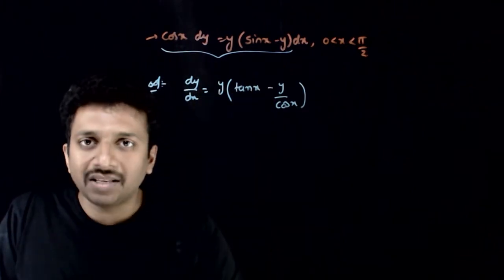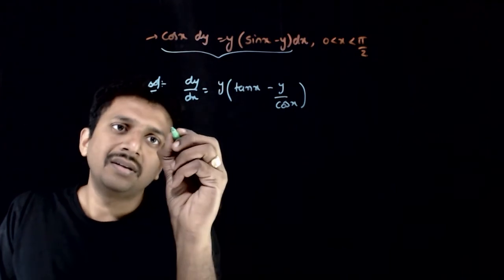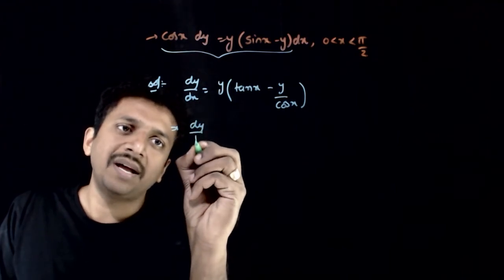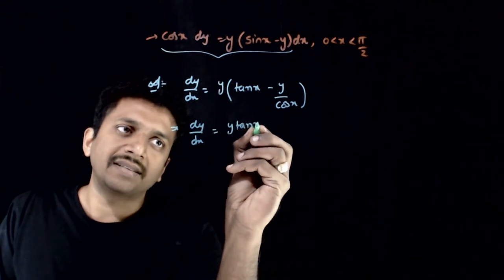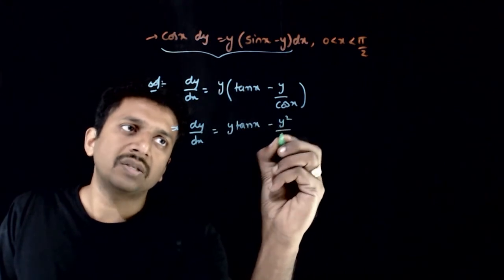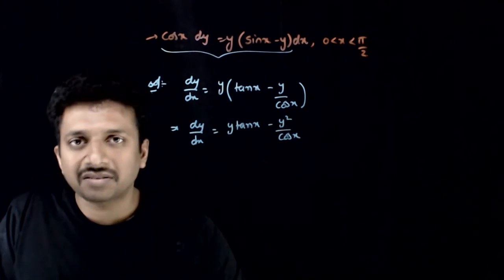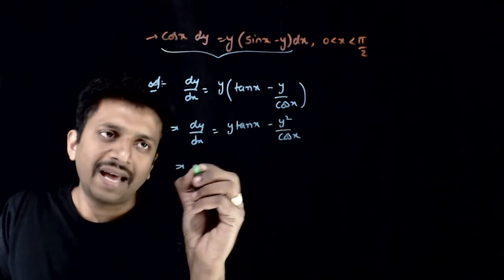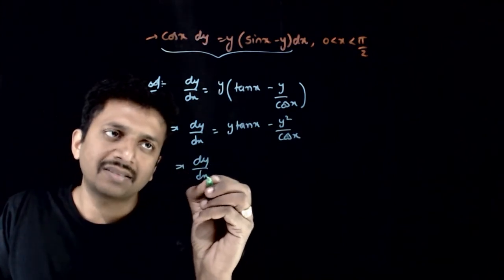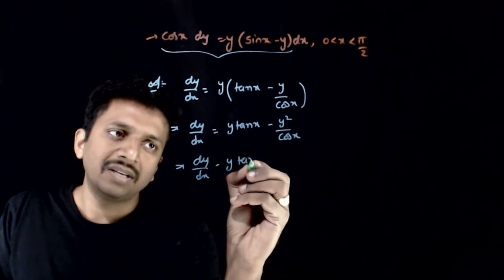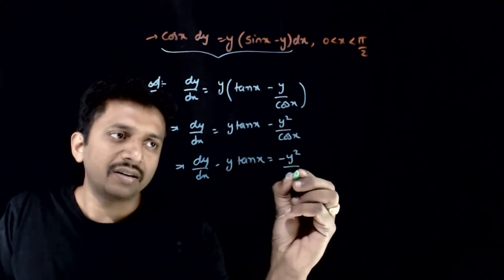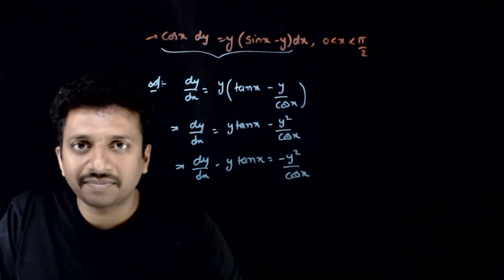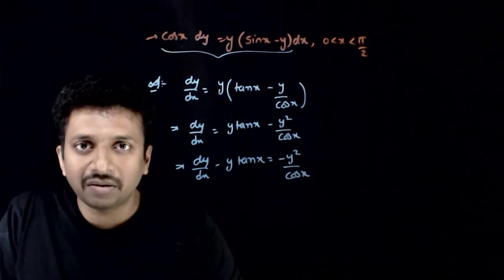So dy by dx is equal to y tan x minus y square by cos x. This implies dy by dx minus y times tan x is equal to minus y square by cos x.